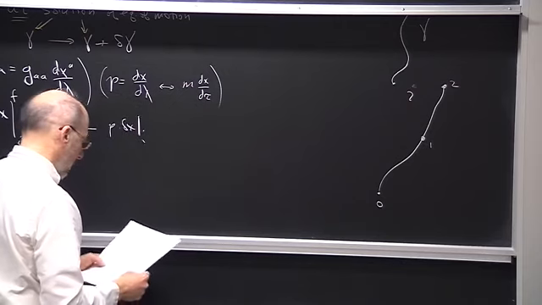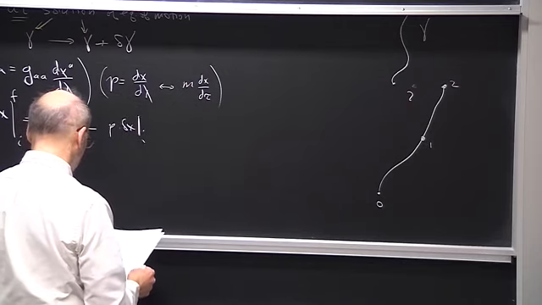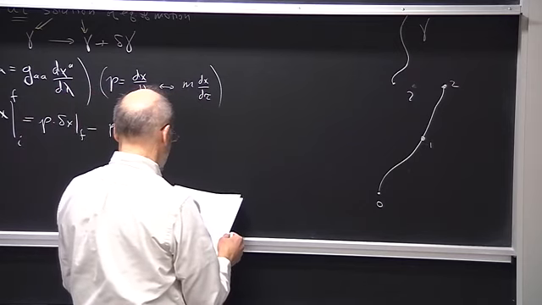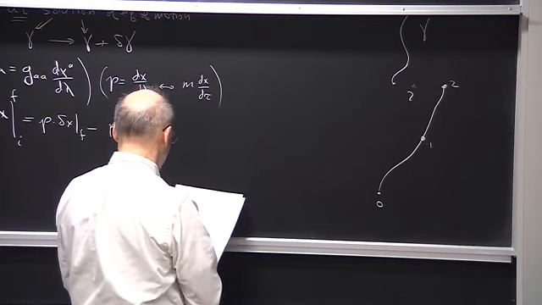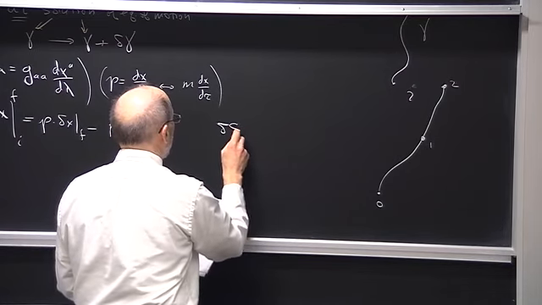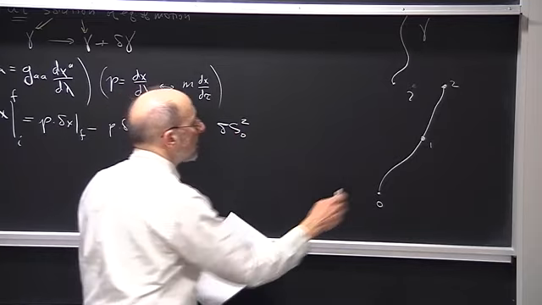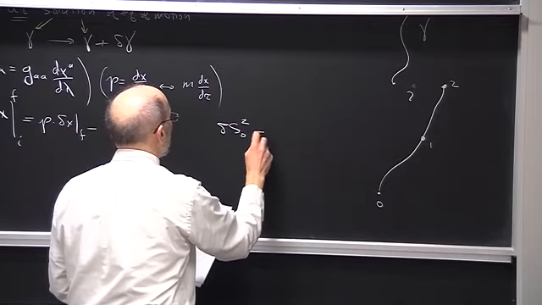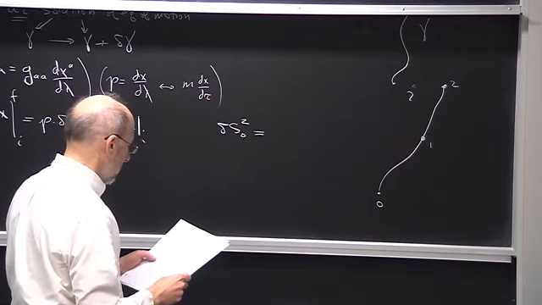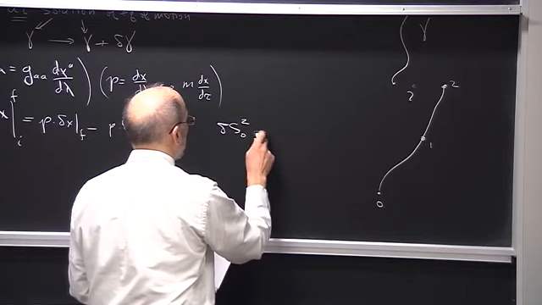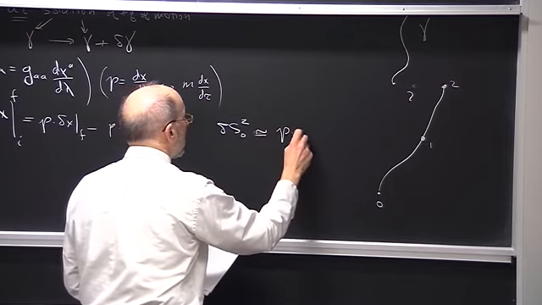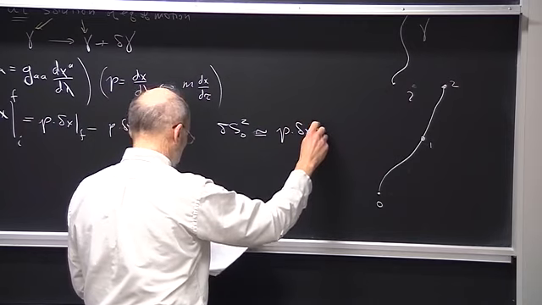So in other words, what I'm saying is, let's see if I can fit this in. If we consider the variation of the whole thing, and again, we'll assume that before we take the variation, this curve gamma is a solution of the equations of motion. We know that that's equal to p dot dx 2, let's say, right?